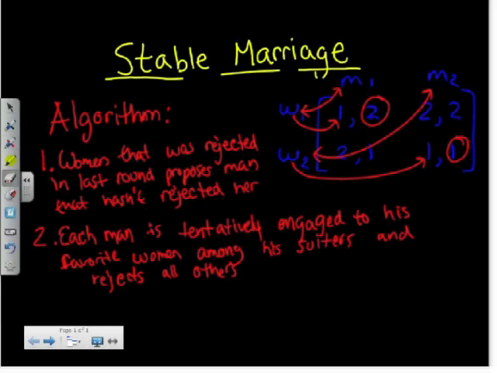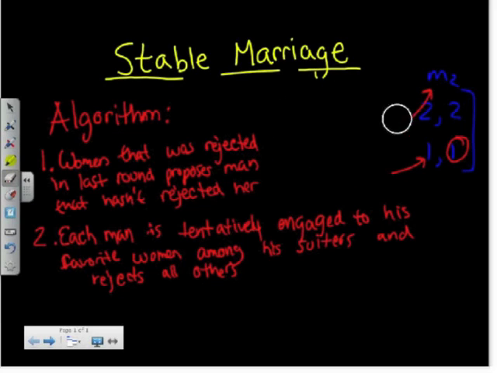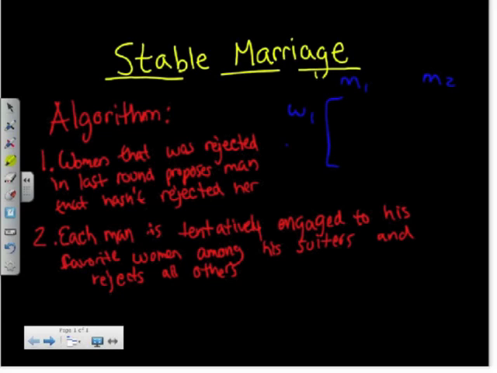So let me show you another case where his preference matters. So if we have man 1, man 2, woman 1, and woman 2, and they both prefer man 1, and man 1 prefers woman 1 over woman 2.